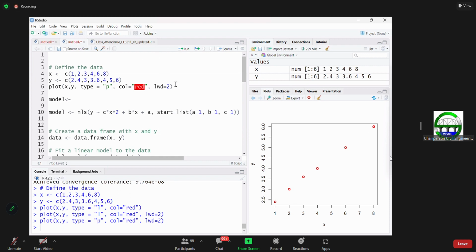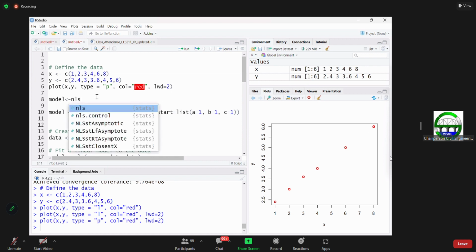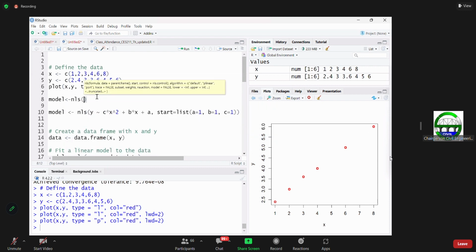So I want to draw a line that fits these particular points. What I'm going to do is write model is equal to NLS, and then write y tilde, because we're going with the linear one. y is equal to mx plus c, so we can say ax plus b, right?